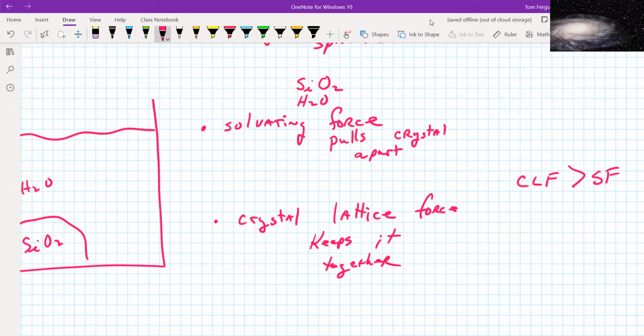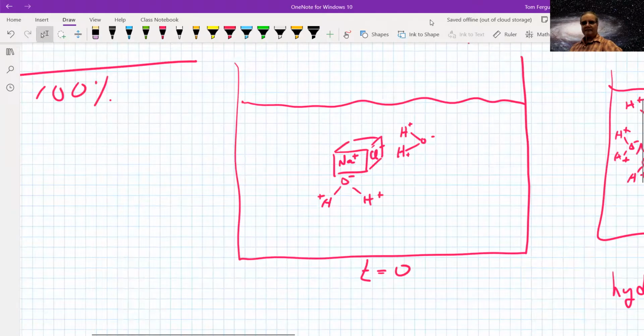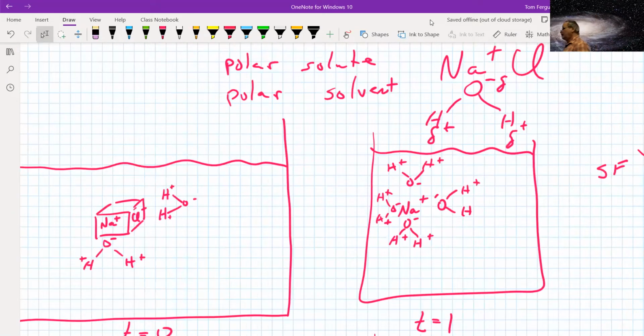Okay, so that's what's going on here. Now, I want you to understand this concept of how a solid dissolves in a solvent. How does water dissolve sugar?